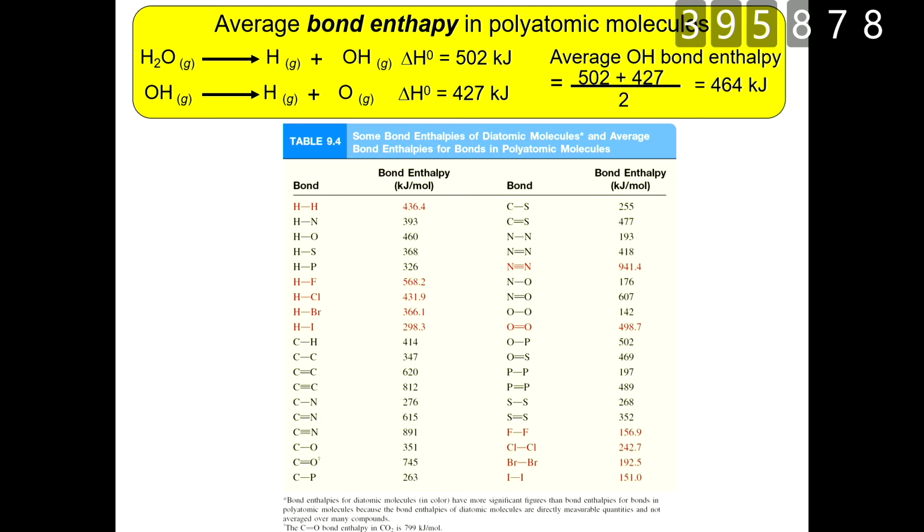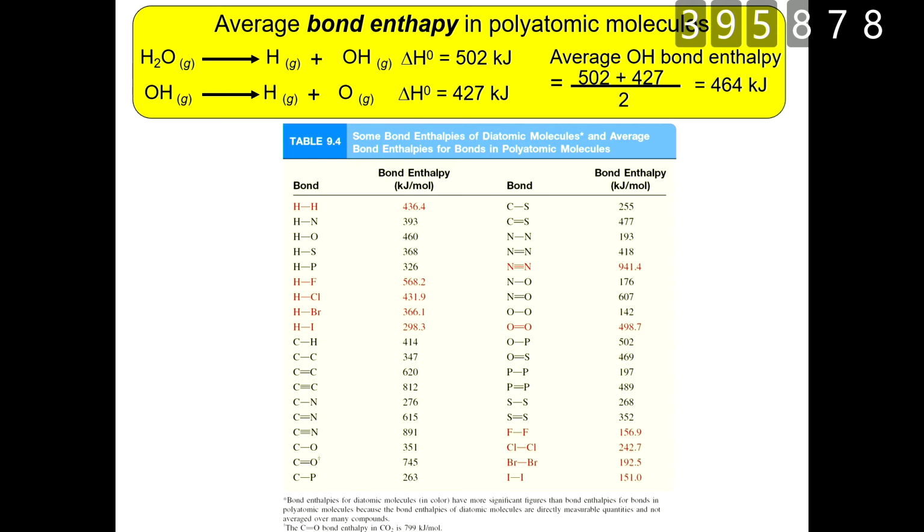This table shows some common bond enthalpies of diatomic molecules. Here we can see, for example, that nitrogen is higher.